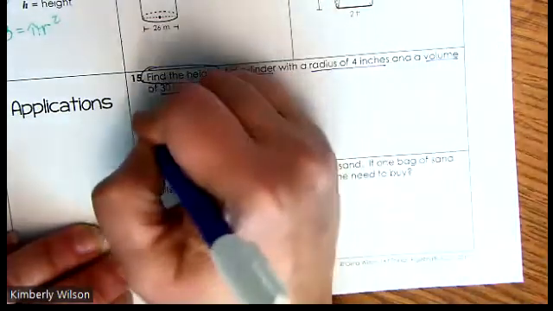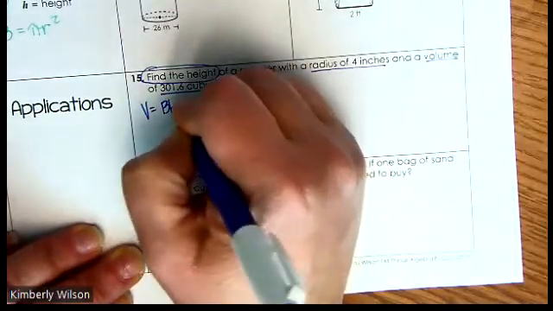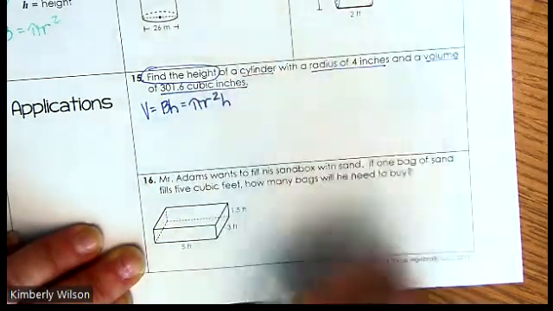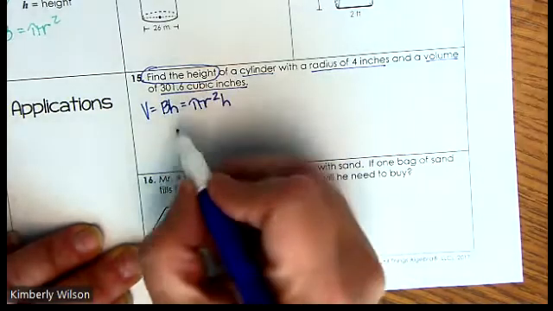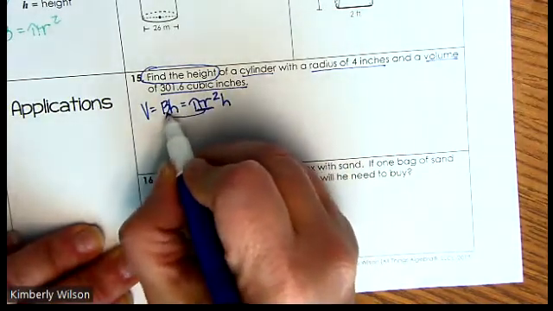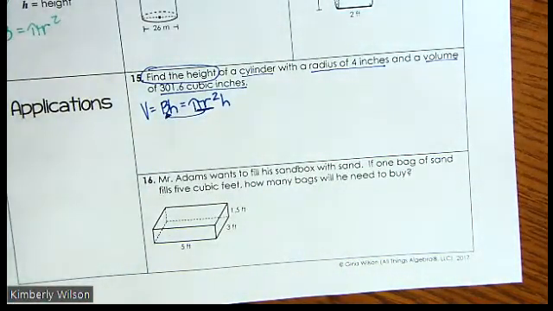Okay, so for volume, we know that the formula is capital B times H, but that also means that the capital B stands for pi r squared. So I can plug in pi r squared for the capital B, because this is the same as the capital B. So now I'm going to plug in my numbers that I have.